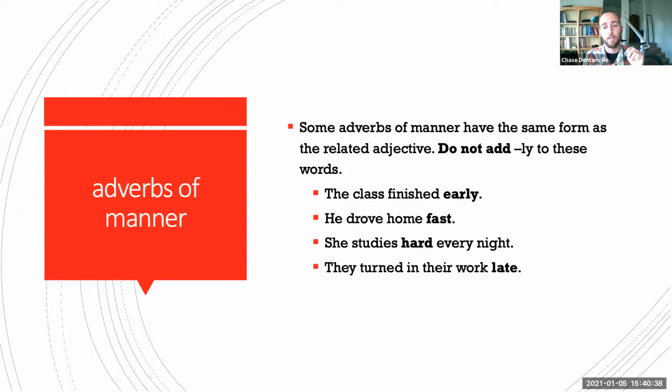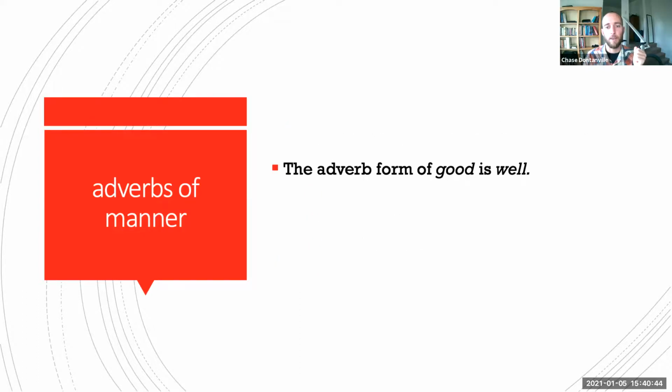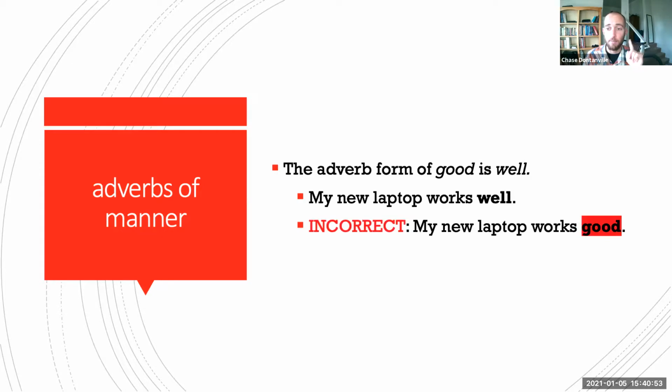And they turned in their work late, not lately. And remember, the adverb form of good is well. So my new laptop works well, not my new laptop works good. Okay, good is an adjective, not an adverb. So well.